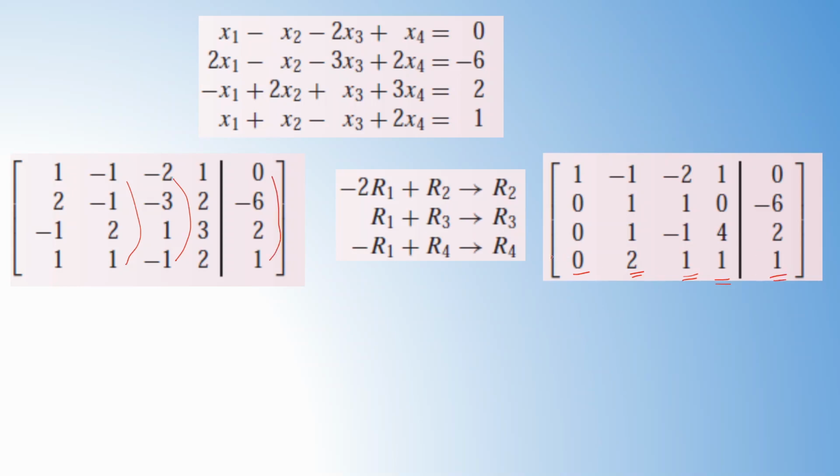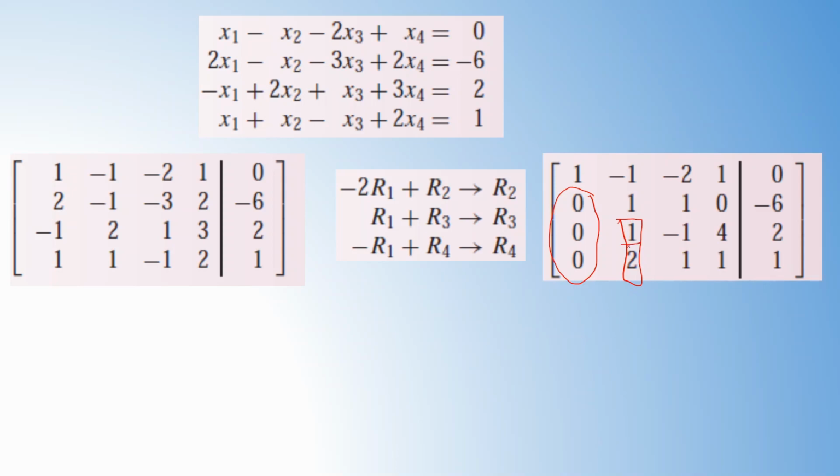Now this is your resulting matrix. Now you have completed the first column. All the entries below the 1 are 0. Now we move to the second column. In the second column, we have to make these two entries 0.